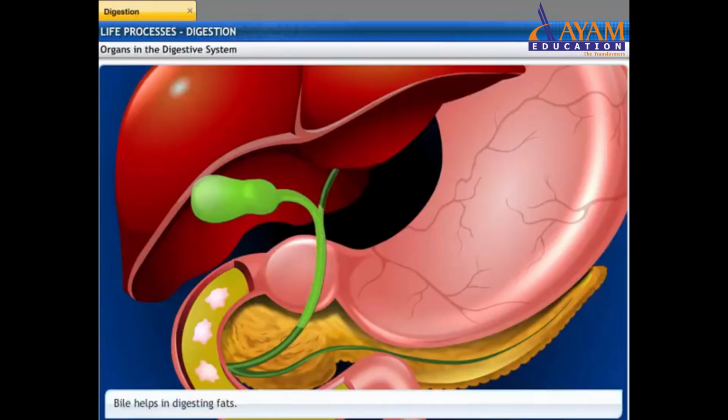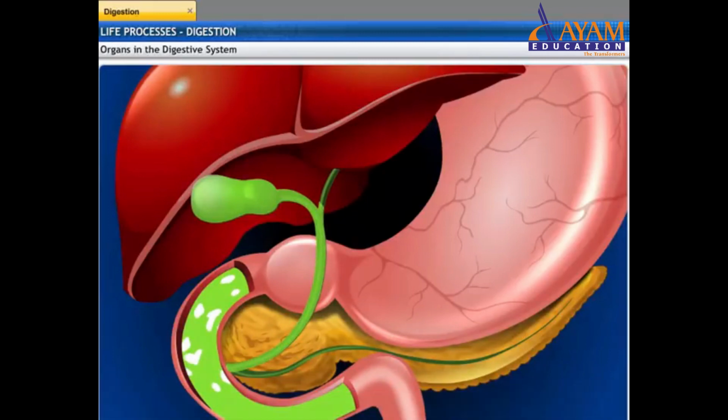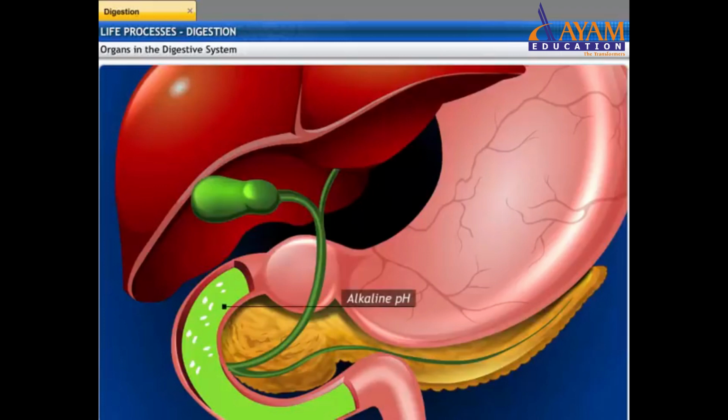Bile contains bile salts that break down the fat into smaller globules. Bile juice also makes the food alkaline for pancreatic and intestinal enzymes to act on it.